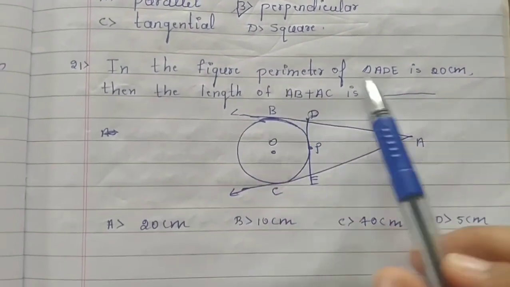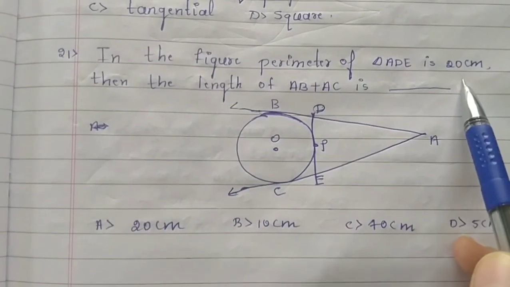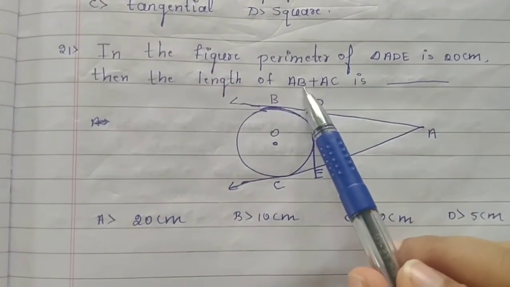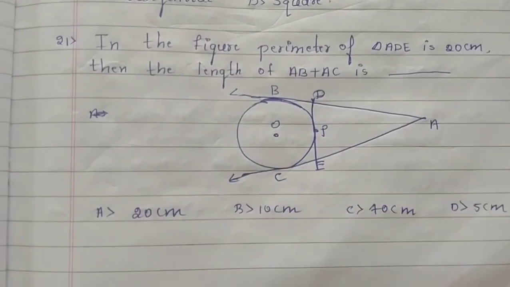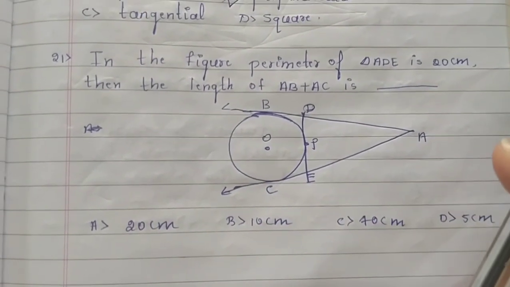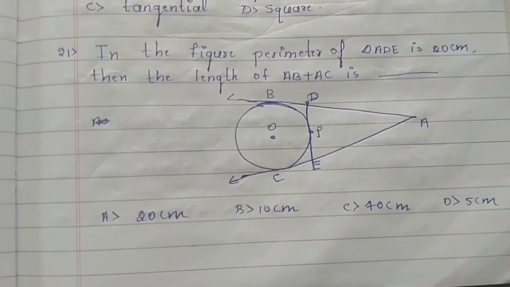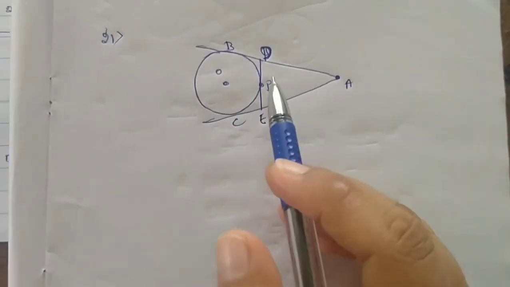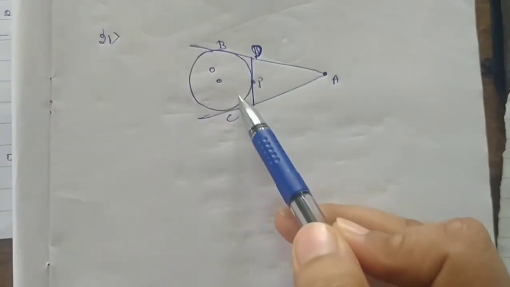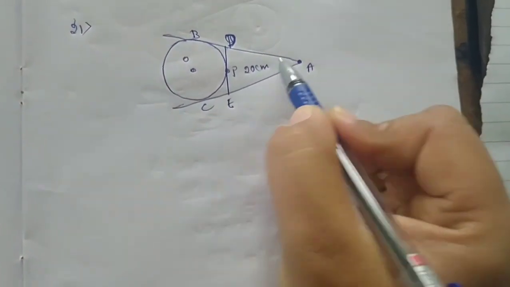Now we will see the next question. In the figure, the perimeter of triangle ADE is 20 centimeters. Then the length of AB plus AC is dash. This is a somewhat tricky question, and this kind of question may be asked in the examination. Let's see the solution. They have given that the perimeter of triangle ADE is 20 centimeters.